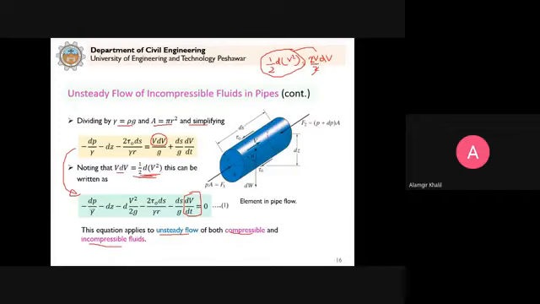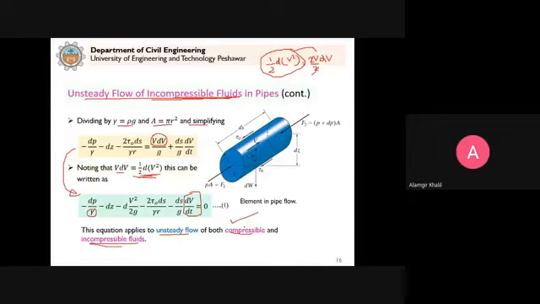Because gamma is present. If gamma is variable, it is for unsteady and compressible flow. If we treat gamma as constant, then it will be the equation for unsteady flow and incompressible fluids. This is what we are going to study in this topic. Unsteady flow of incompressible fluids.